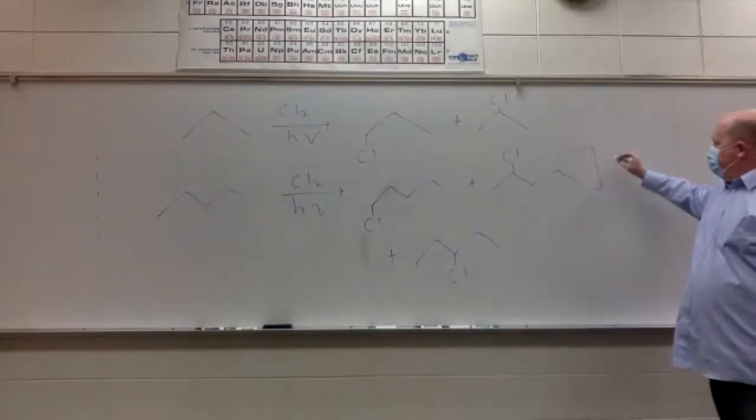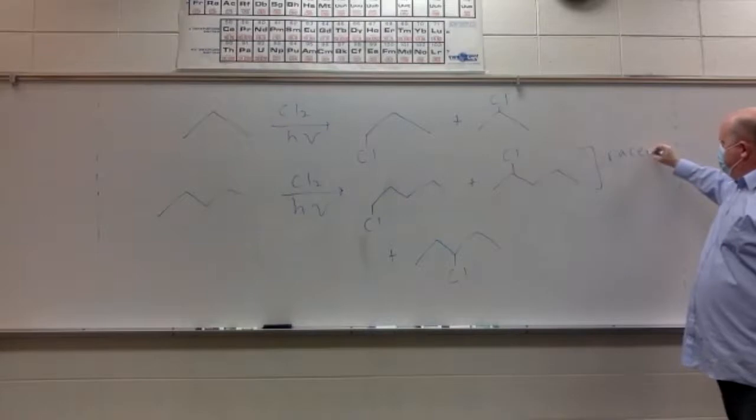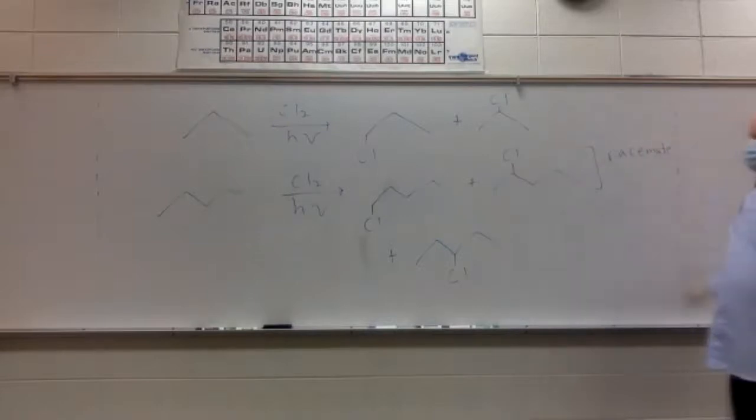And actually, this one would exist as a racemate. We'll get to stereochemistry of halogenations a little bit later in this chapter. But for now, just know that you would get a racemate. So you'd still get 4 different products here, right? Not as bad as the dichlorination, but still not really a good singular yield of anything.